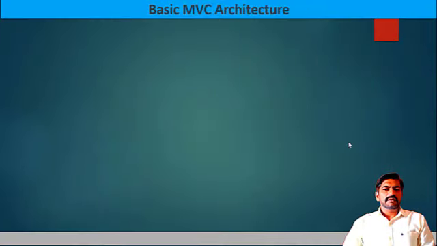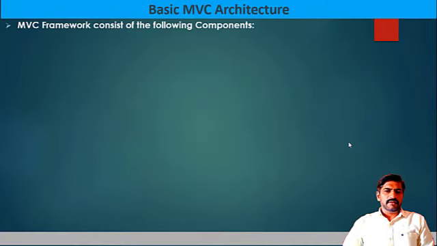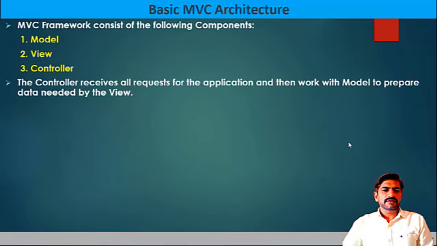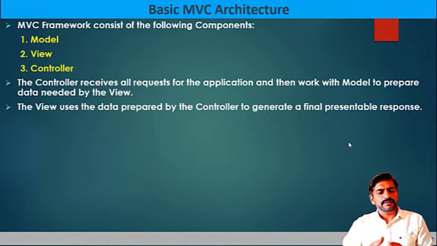So in the basic MVC architecture, these three components are there: the model, the view and the controller. The controller receives all requests for the application and then works with the model to prepare the data needed for the view. So what are the responsibilities of the view?